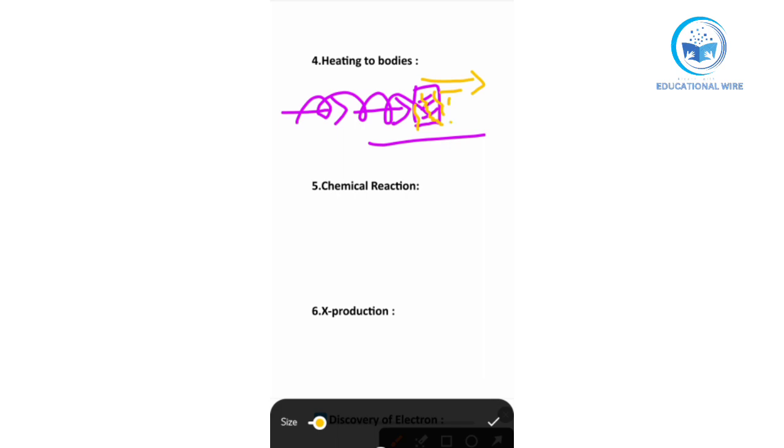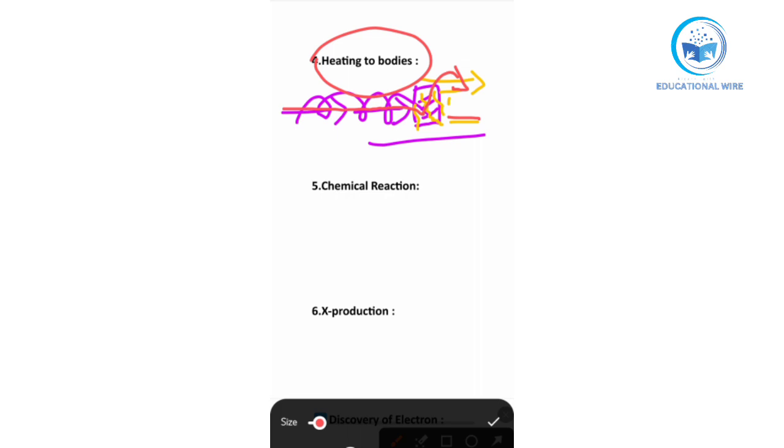When it produces kinetic energy, it is called heating to bodies. So the simple definition is: when cathode rays produce momentum and shift it to another object, and the temperature increases, or you can say kinetic energy increases with turning, it is called heating to bodies.